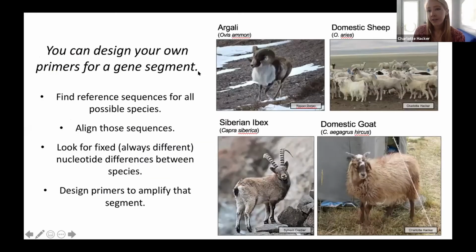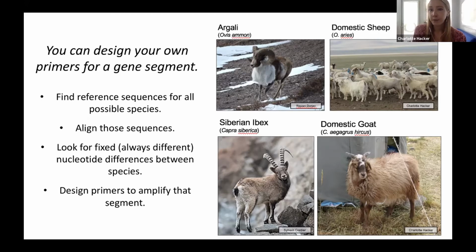And if you can't find a genetic marker that fits your needs, you can design your own. So you can pick your own segment of a gene that would be able to answer your question. For example, in some of the research that we've been doing in our lab, I'm particularly interested in livestock dependency. So it's really important for my research question to be able to tell apart all of my wild versus domestic goat and sheep species.